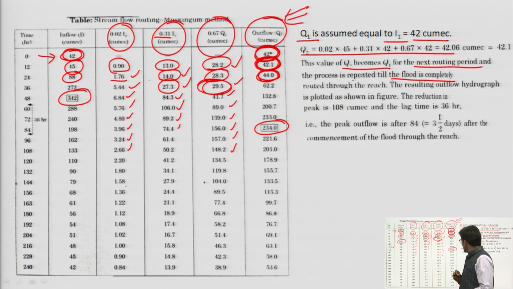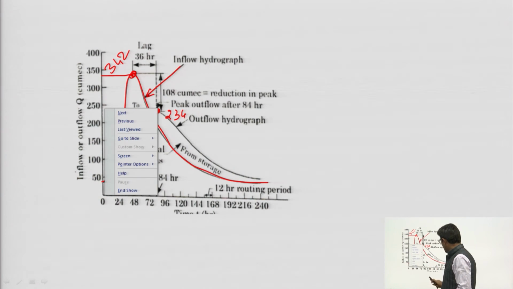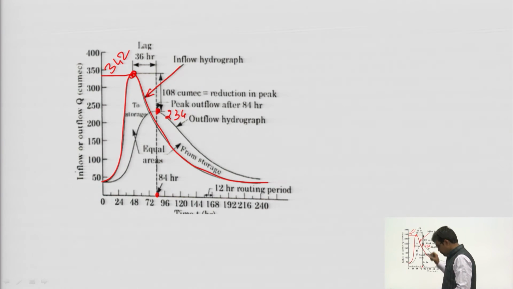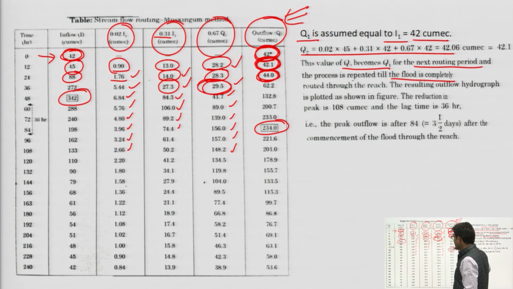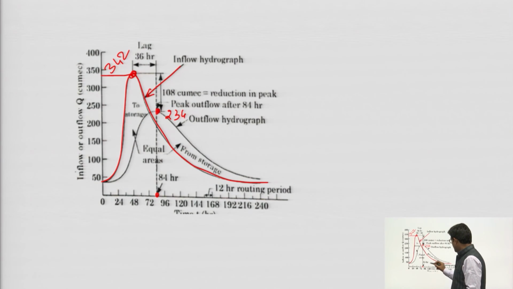For the outflow to reach this peak, what is the time? The time is 84, so this is 84 hours.